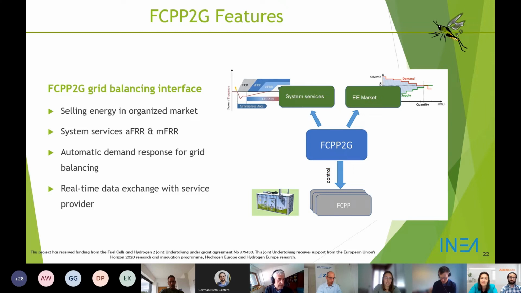There are a few different things inside this integration module. So one thing is that it could cooperate in the selling process inside the smart grids, could provide the system services that are important for keeping the grid stable, and could do that without manual operation.